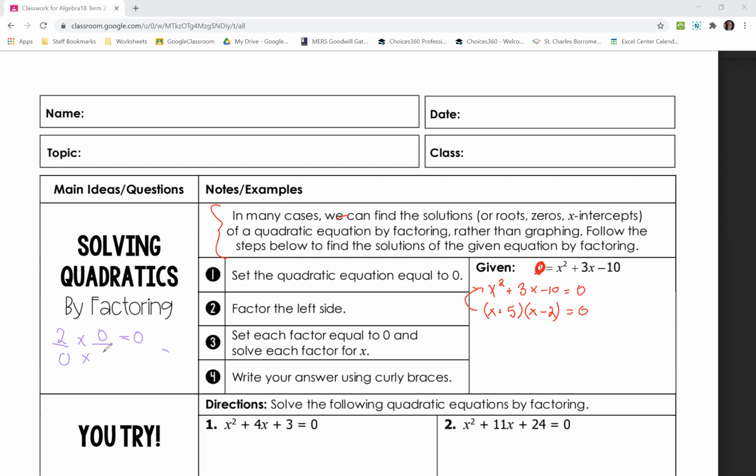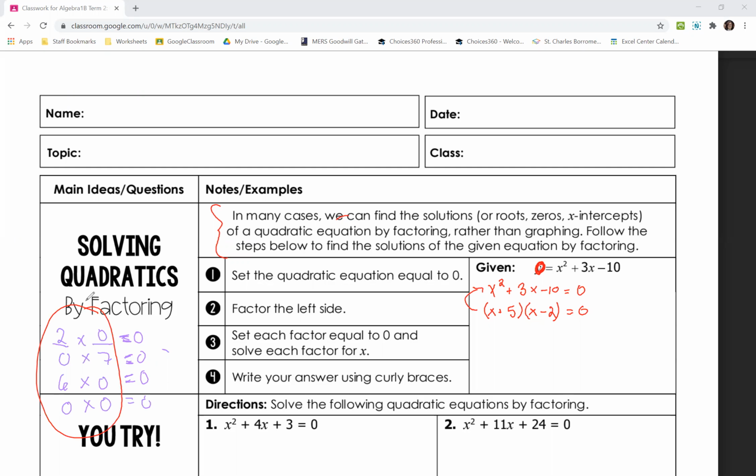Or 0 times 7 equals 0, right? 6 times 0 equals 0, okay? I'm just thinking about any two numbers that multiply together to give you 0. Or 0 times 0 equals 0, right? What's in common with all of these factors? Okay, what's the thing that's in common?